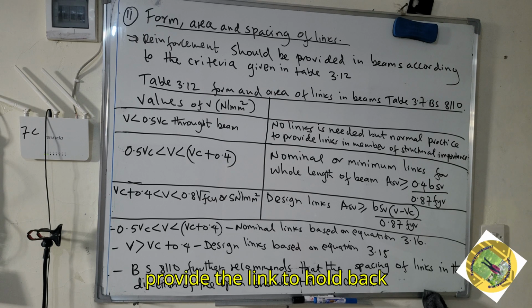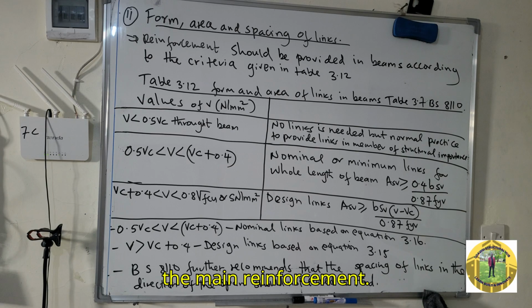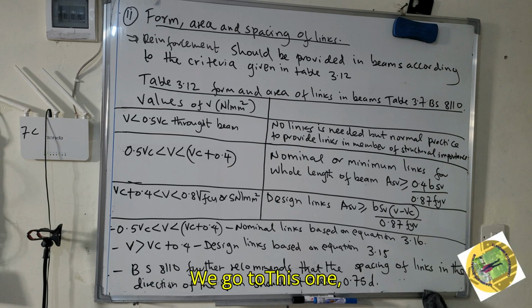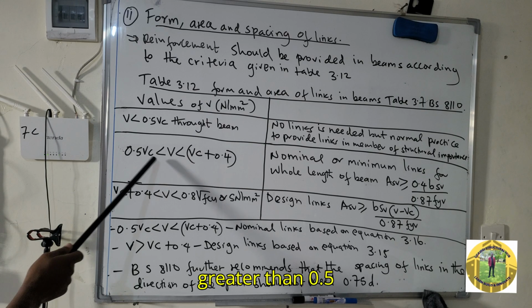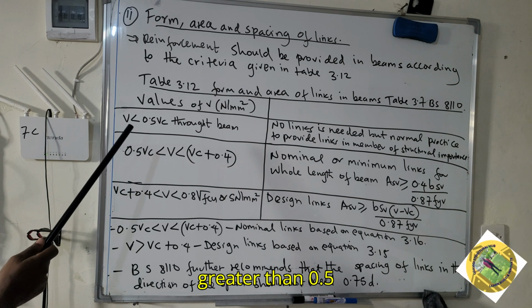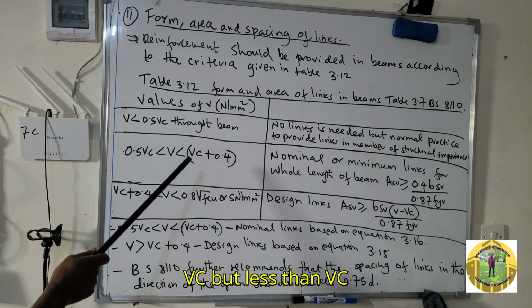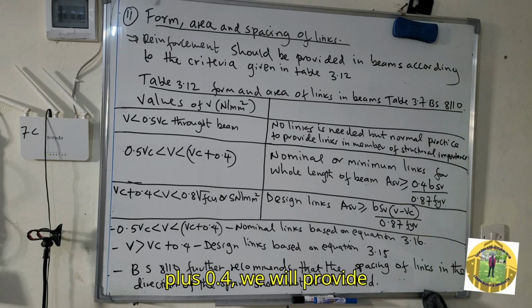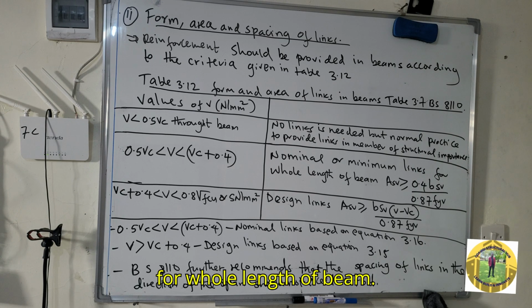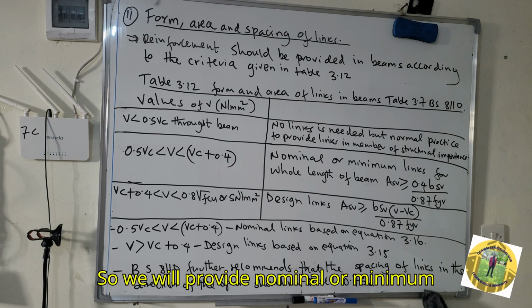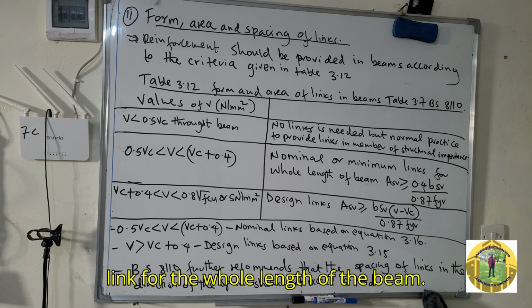You just provide the links to hold back the main reinforcement. We go to the next one. If v is greater than 0.5 vc but less than vc plus 0.4, you will provide nominal or minimum link for the whole length of the beam.